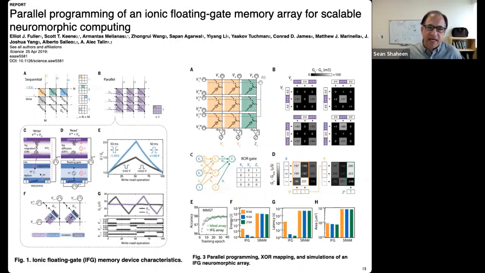There's some PEDOT on the gate, and it's termed an ionic floating gate memory. I think if Conrad's in the audience, I'm not doing a very good job describing your work, so please forgive me. But this was used to make the memristive connection in an array that then could be used in any neural network for classification. And they used it to build an exclusive OR gate, which is the one you want to start with. If you can do exclusive OR, you can do many others.